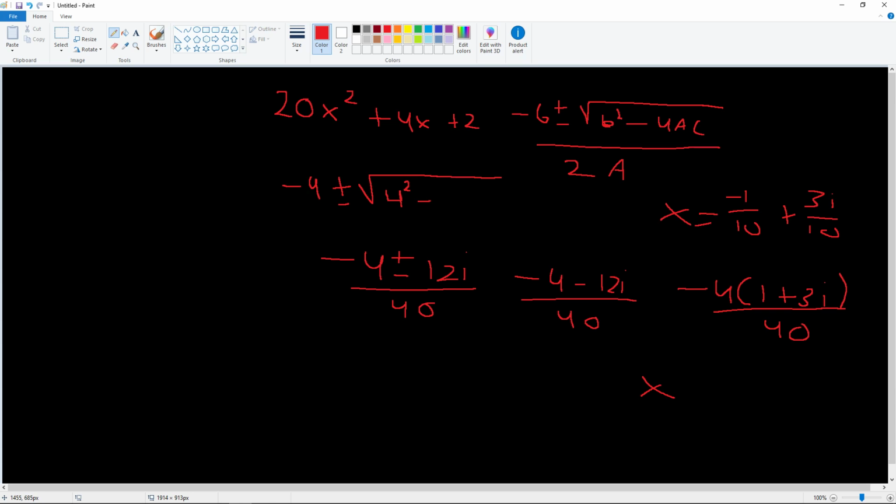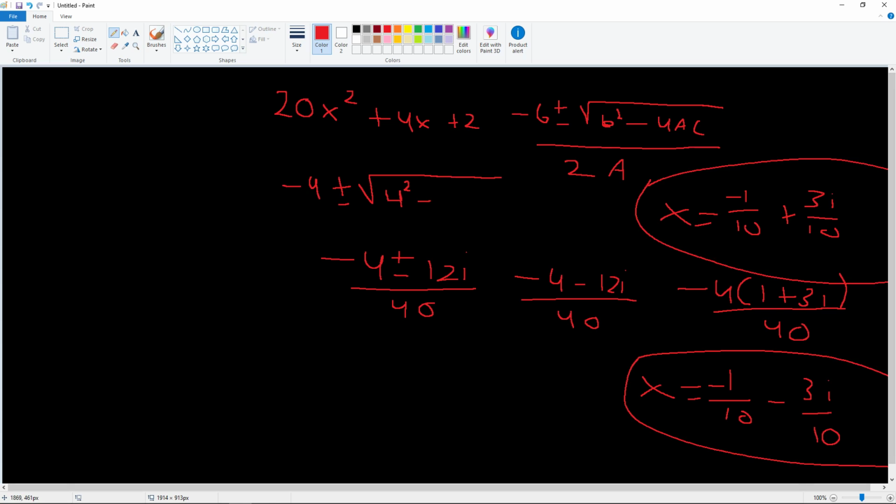We can just write it again, x equals negative 1 over 10 minus 3i over 10. Sorry, not over 40, over 10. And here are our two solutions. And we're done.